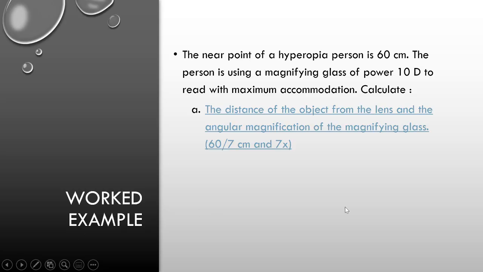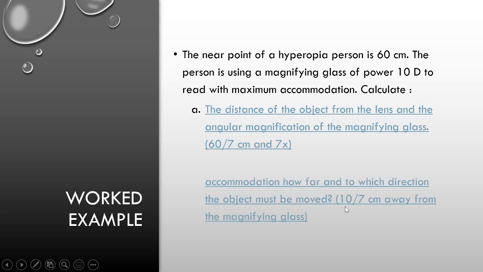Let's move on with question B. If the person wishes to read without accommodation, how far and to which direction must the object be moved? So in this case, for the new condition of accommodation, we have to calculate the new SO. Then we can get how far the object must be moved.